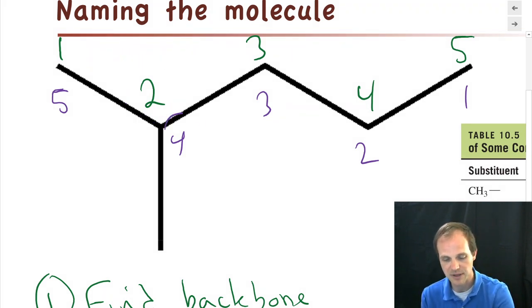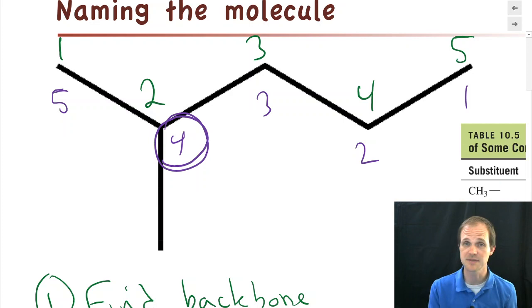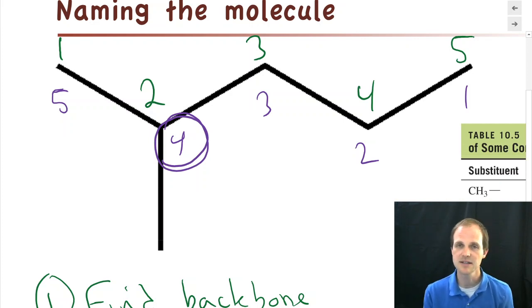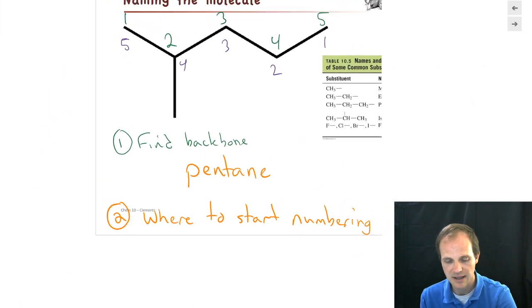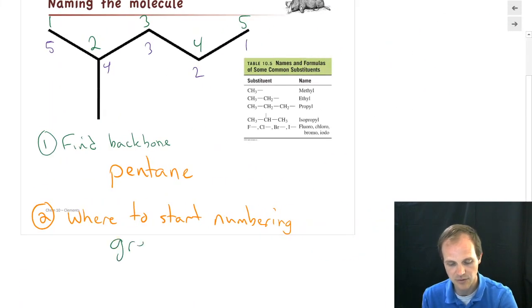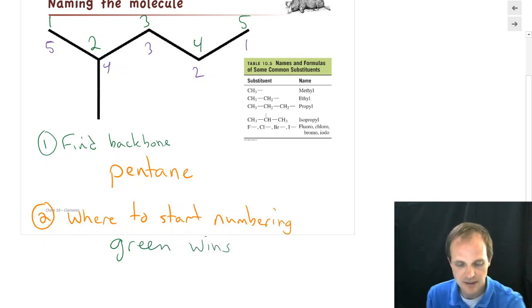If I use the purple numbers, my first substituent, and only substituent in this case, is going to be on this one, and he's going to be number 4. And so in this case, the green actually wins because it gets us a lower number.